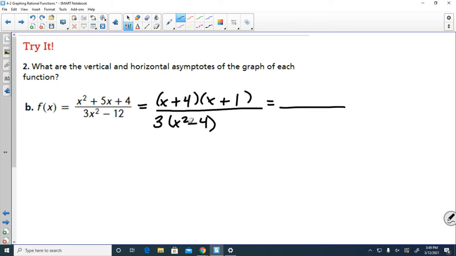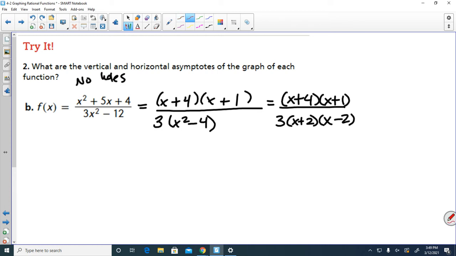So then, oh look, it's a difference of squares. So 3 times x plus 2, x minus 2, under x plus 4 and x plus 1. Now the reason I'm factoring the numerator and the denominator is to see if I have any common factors, because if I do, I would cancel those out and that would be a hole. But I don't have any common factors, so there are no holes.